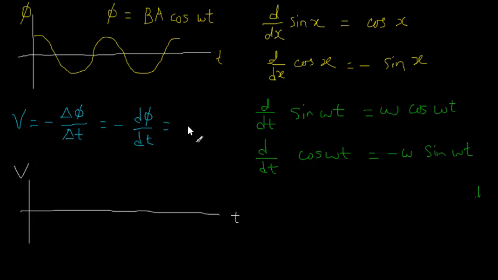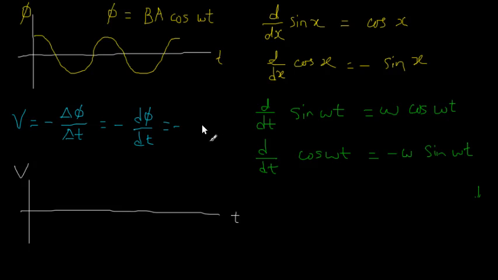Okay, and now that we are going to use this formula, we know that when you do d by dt of cosine omega t, this is what you get, and that's what we need to do to this function here, BA times cosine omega t. So if you differentiate the cosine omega t, this is what we get. Let me write this down.